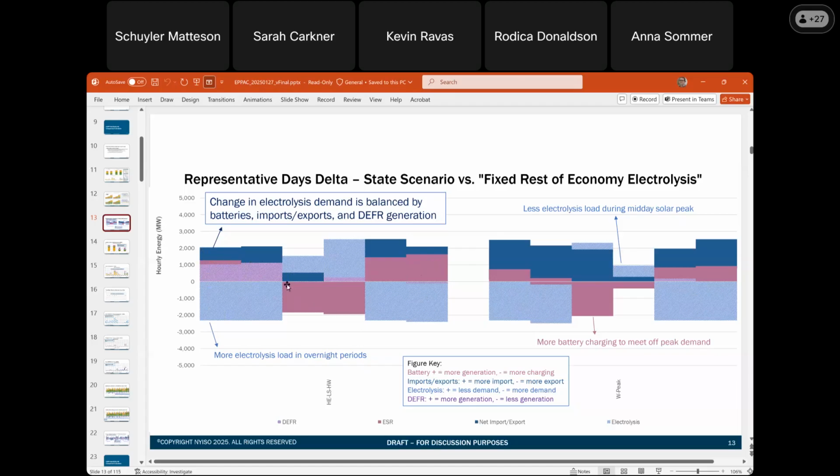And then during the daytime, it's just choosing to charge the batteries in order to meet that electrolysis later. And it's a very similar story for the example on the right here, but I think this one highlights the balance the best. So hopefully that highlights that point. If there's any questions, I can take them quickly.